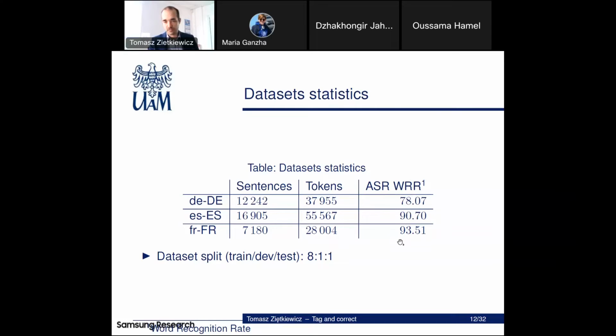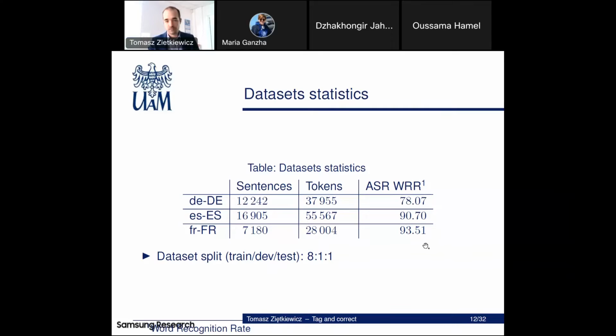Well, the results differ here per language, and it's not necessarily because some models are much worse, but the corpora they are evaluated on can be much more difficult, like recorded in different conditions and so on.